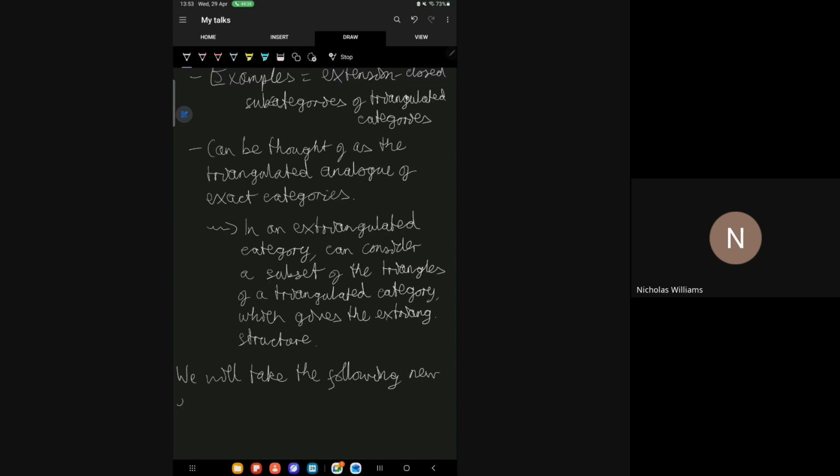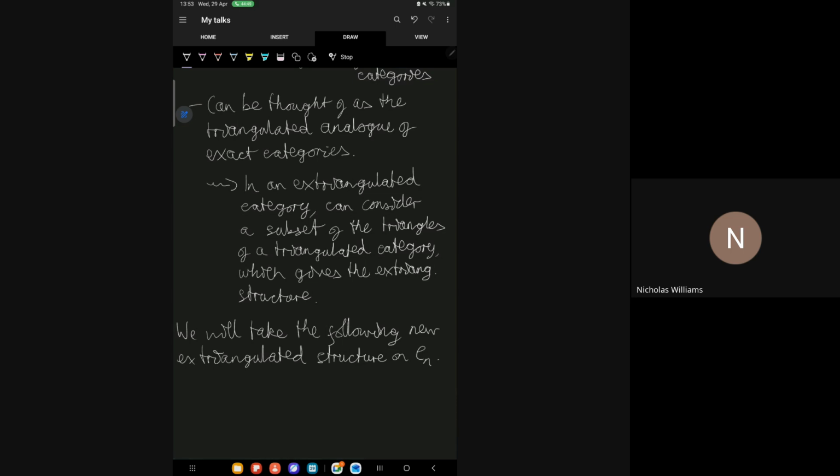So yeah, we will take the following new extriangulated structure on C_n. So C_n is a triangulated category, as I said. So it comes with some class of triangles, and we're going to put a sort of new extriangulated structure on it by taking a subset of those triangles. So let T in C_n be a cluster tilting object.